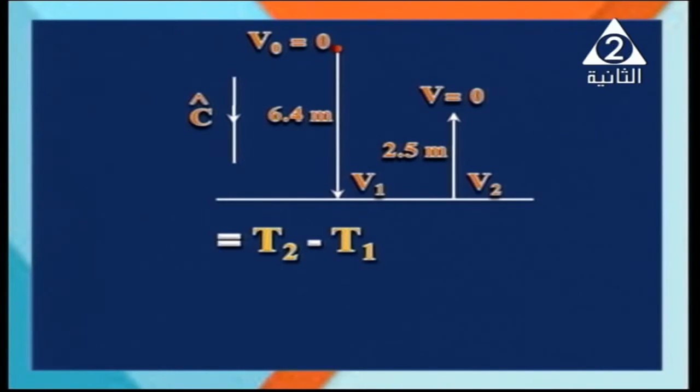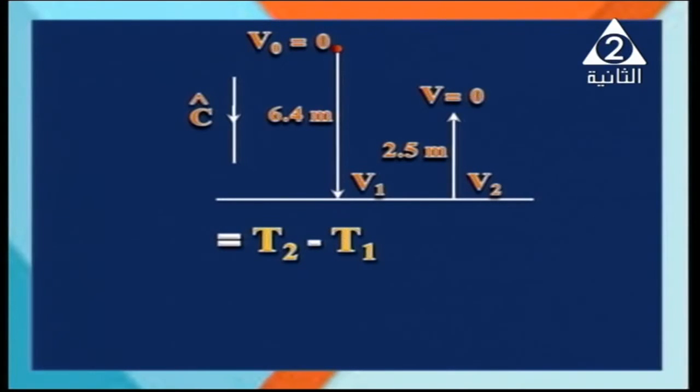The first kinetic energy, before impact, has velocity, and mass is constant. But after impact, velocity changes. We find the value of the velocity, and mass is constant, to find the value of T2.